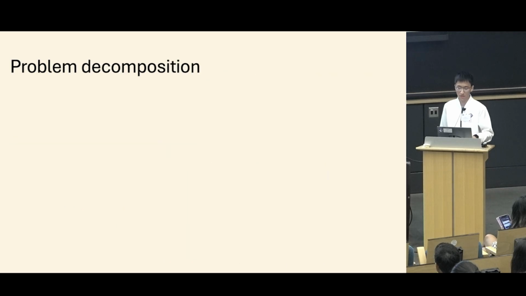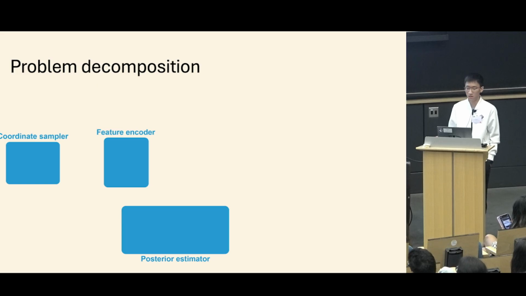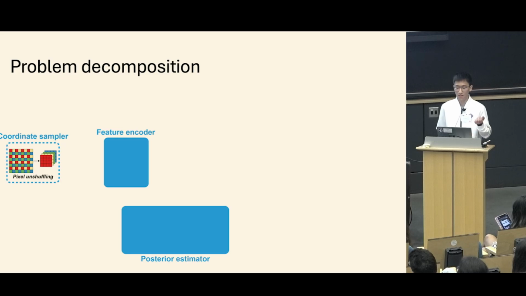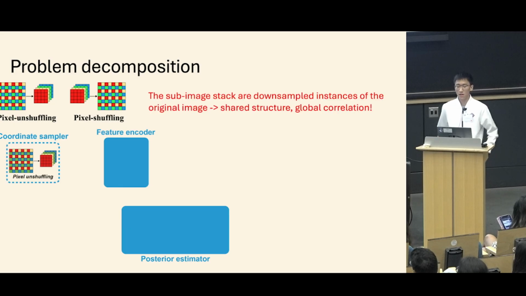To solve these challenges, our method leverages a novel problem decomposition where we decompose the problem of posterior inference into three components: a coordinate sampler, a feature encoder, and a posterior estimator. For the coordinate sampler, in contrast to the aforementioned works, which use either patching or pixelating strategies, we leverage the pixel unshuffling and shuffling transforms, which are widely used in super resolution networks. The advantage of these transforms is, first, that they're invertible, which means they can be integrated nicely with normalizing flow networks.